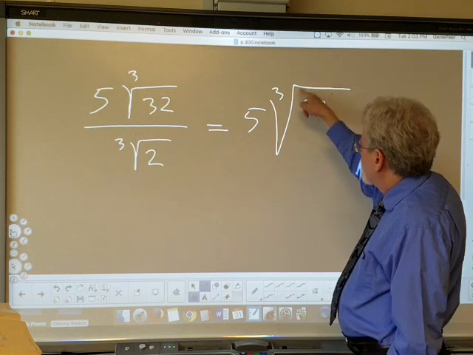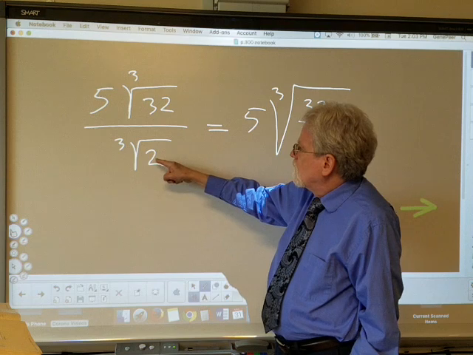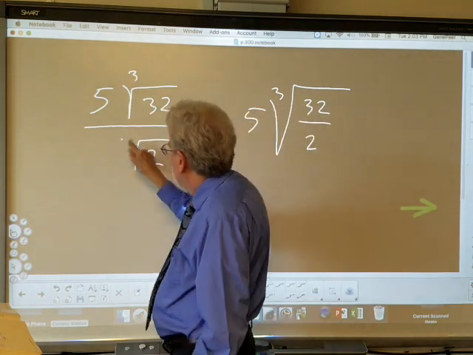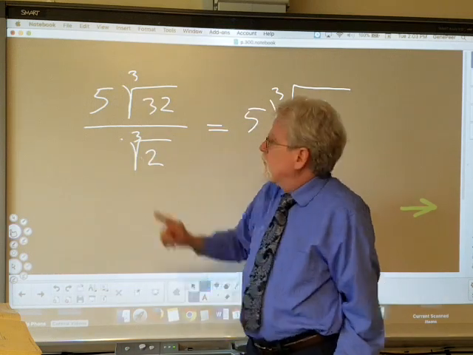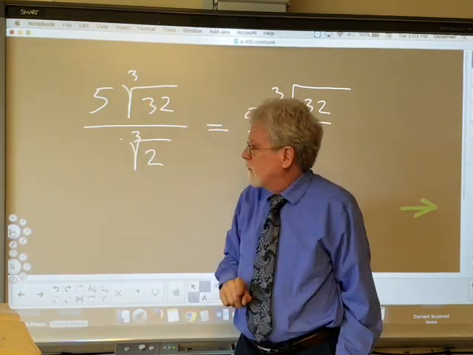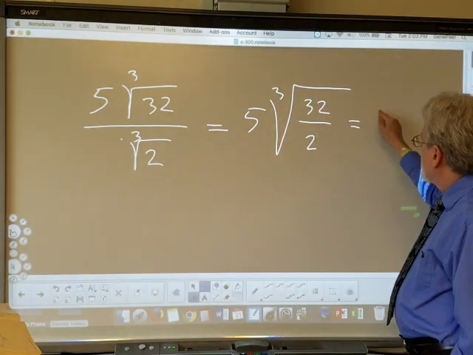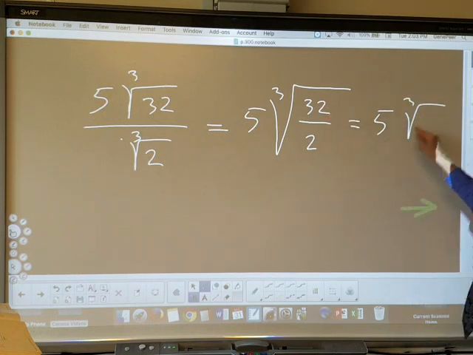That radical sign is horrible, but that's okay. 32 over 2, I can do it because they are both cube roots. Because they are both cube roots, I can combine them under a single radical, which becomes 5 times the cube root of 16. Now we just simplify the cube root of 16.